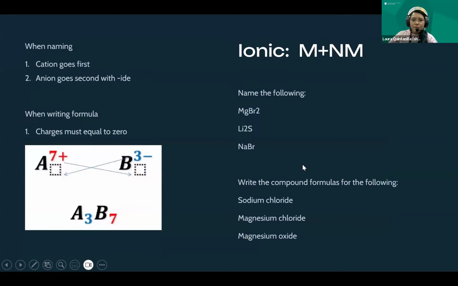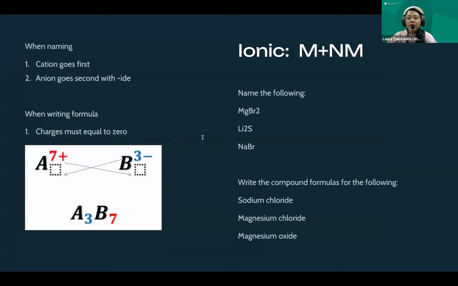So let's continue. When you're naming, again, the positive one goes first and then the negative one goes second. All charges must equal 0. Here I have an example where the charges do not equal 0; adding these together will not equal 0. Whenever that happens, you have to make some adjustments.